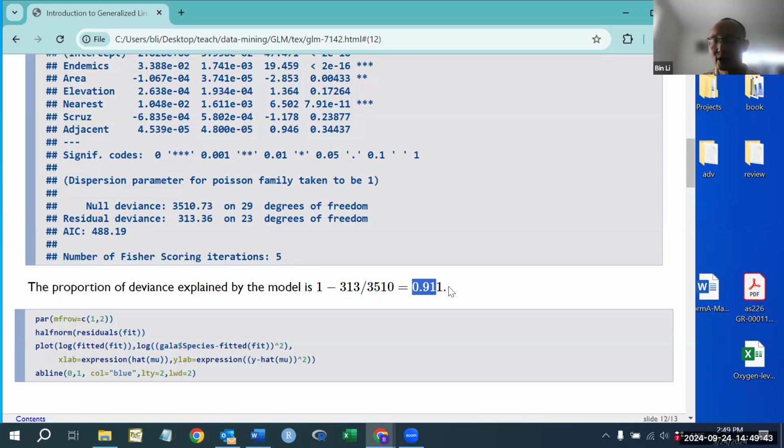And that is 0.911. So this can be used like an R-squared statistic in the OLS. So we can say that about 91% of the deviance can be explained through these variables, through the model.